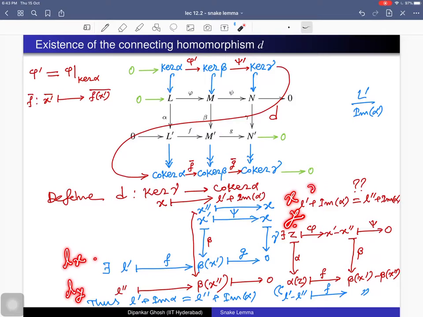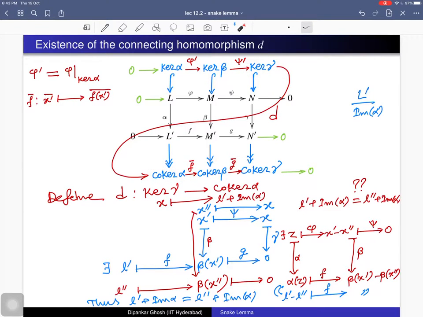So for x plus y you can just consider lx plus ly, and for some scalar r times x you can just consider r times lx plus ly. So the equivalence class of this you can consider. Just by the construction one can verify that this map preserves addition and scalar multiplication, and therefore this is a module homomorphism, and this will give the connecting homomorphism from kernel gamma to co-kernel alpha.